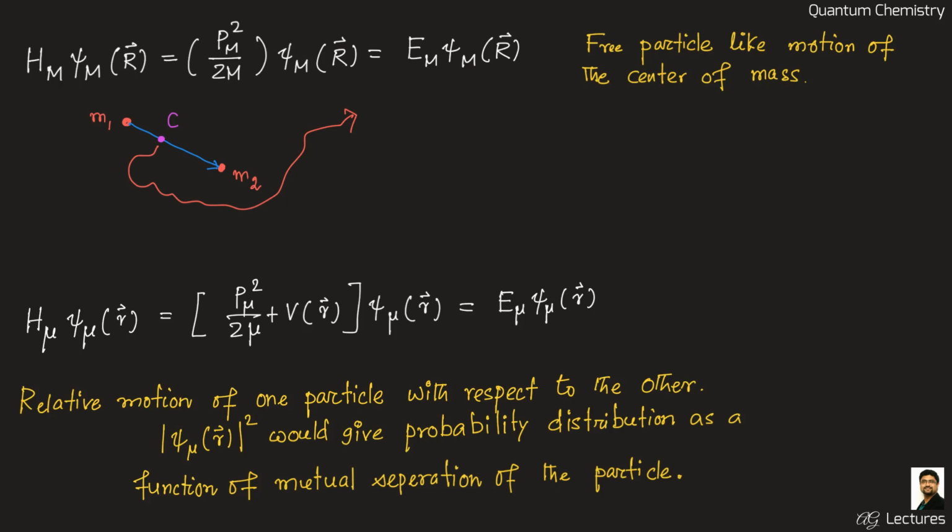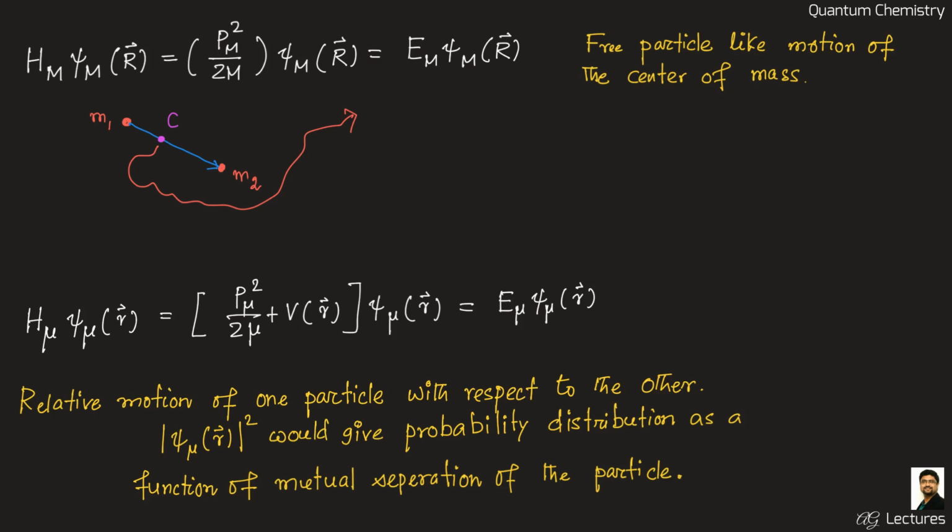problem. So next, when we go to the hydrogen atom problem, we will not be interested so much in writing this equation and solving it, but we will be writing this equation. And for writing that equation, the first thing that we need to do is to know the exact form of this V. And once we know the exact form of this potential V, we can write the Hamiltonian and then we can solve it.